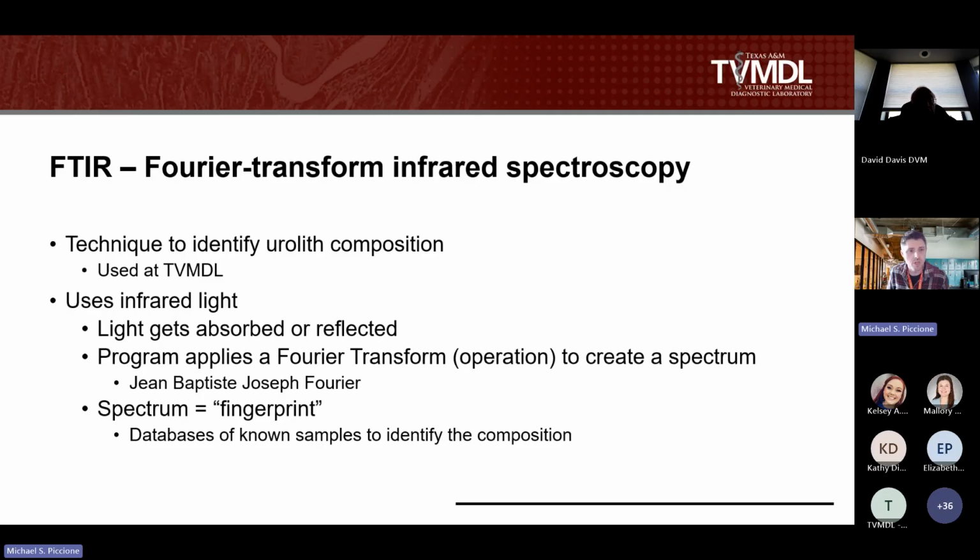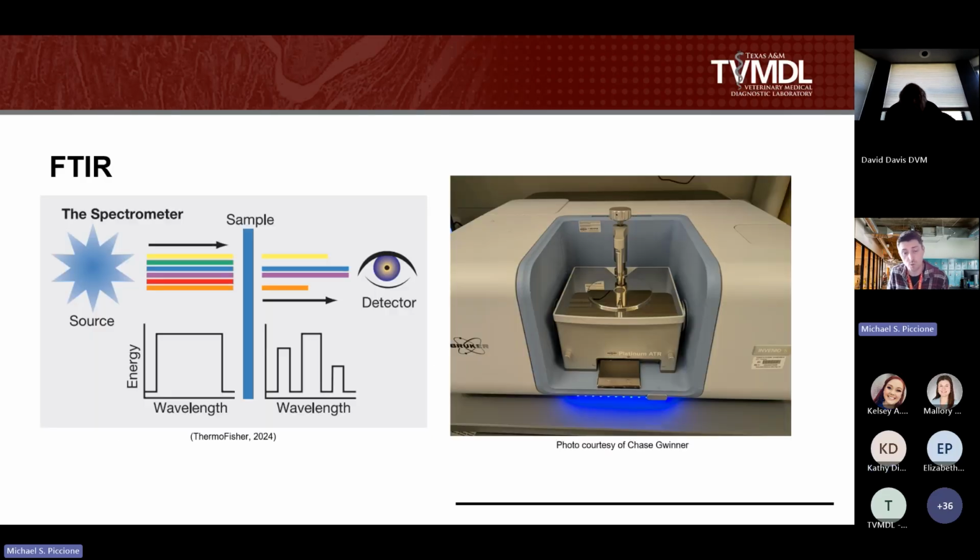And I'll show you on this particular slide what our FTIR looks like here at TVMDL. This is a brief overview of how the physics and the chemistry works, and just the fascinating workings of it.